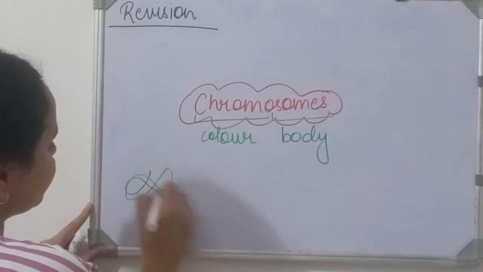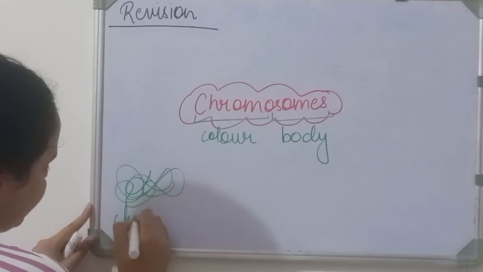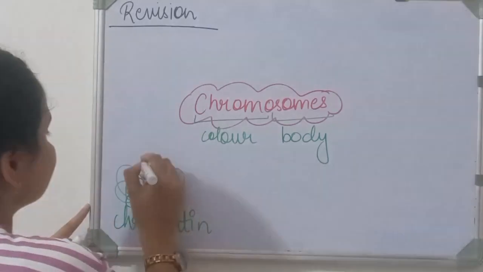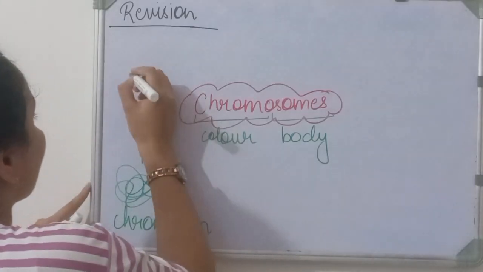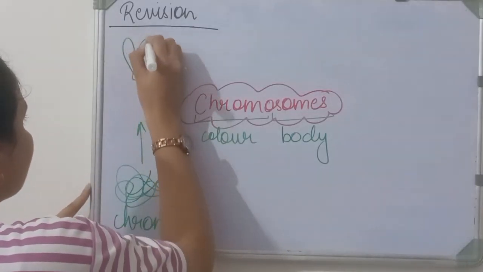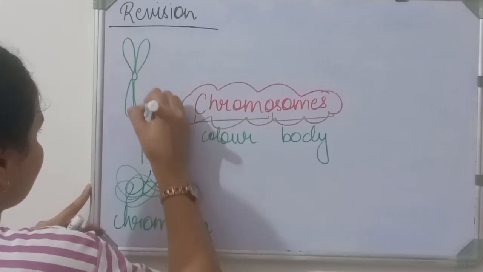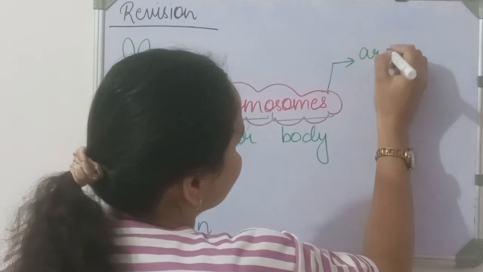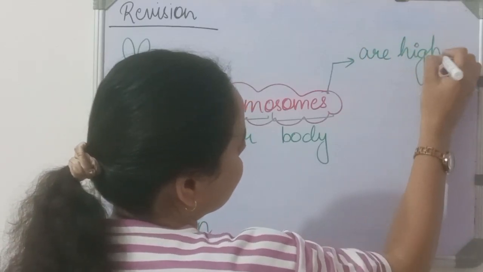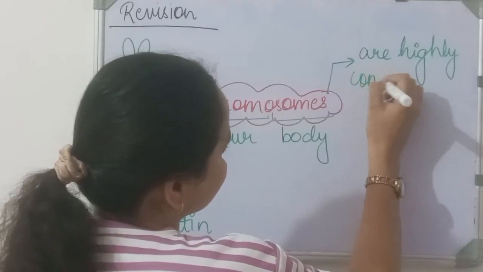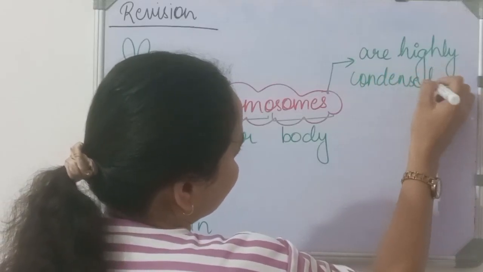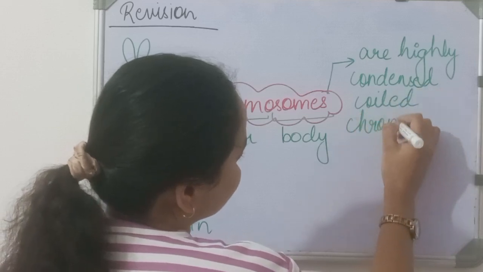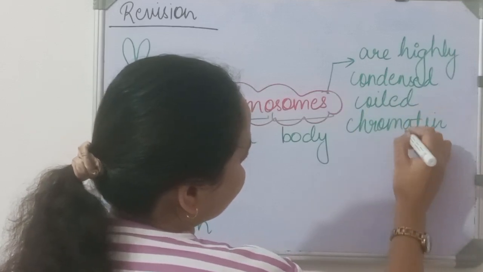Suppose this is our chromatin fiber. They condense and form chromosomes. So, chromosomes are highly condensed, coiled chromatin fibers.